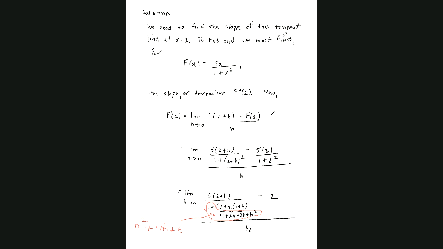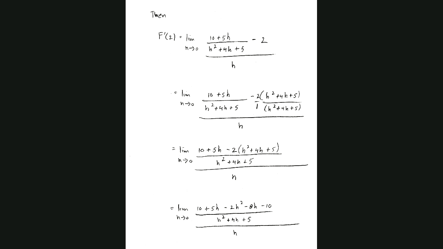If I go to the next page, I have that on the next page. F prime of 2 then is going to equal this limit here. Now we can't do anything more with this rational function of h. We have 10 plus 5h over h squared plus 4h plus 5.